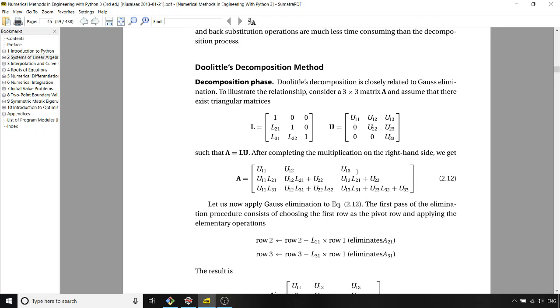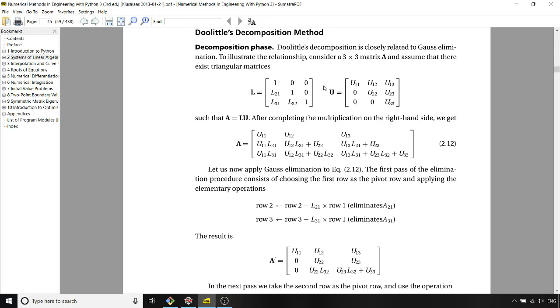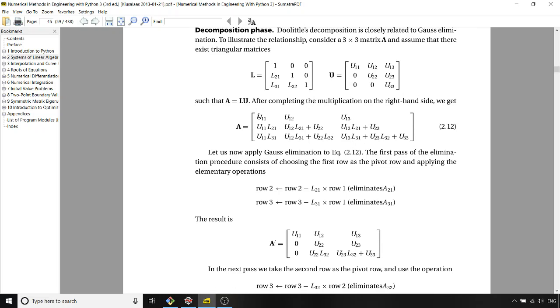So then the next question is, how do we get this LU? Well, it's from matrix A. If we just multiply these symbols, multiplying this by this, the resulting A matrix will be this.